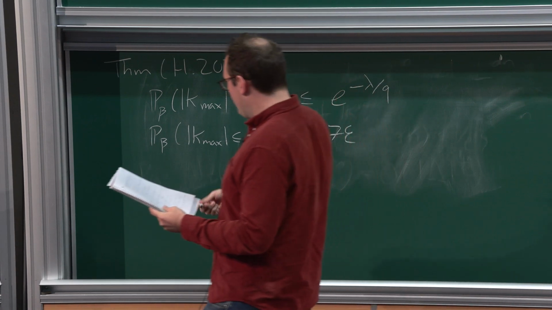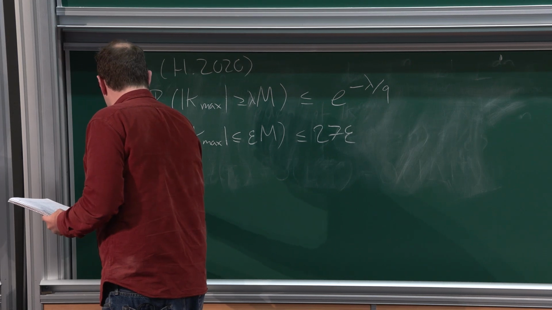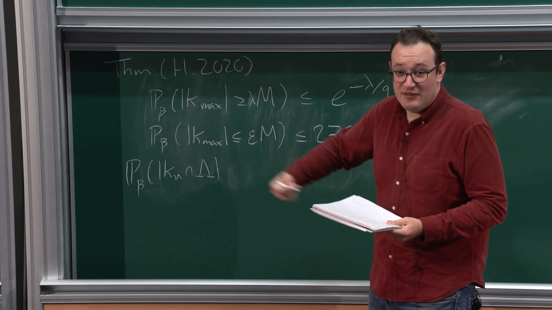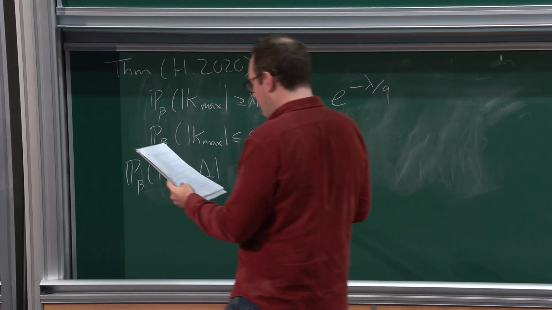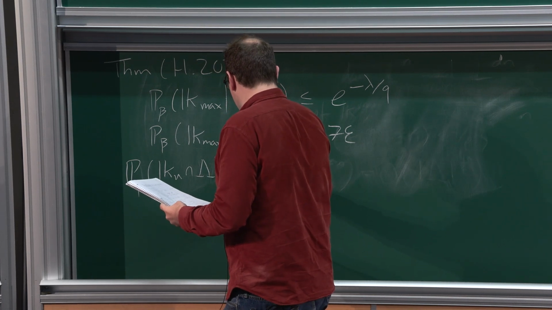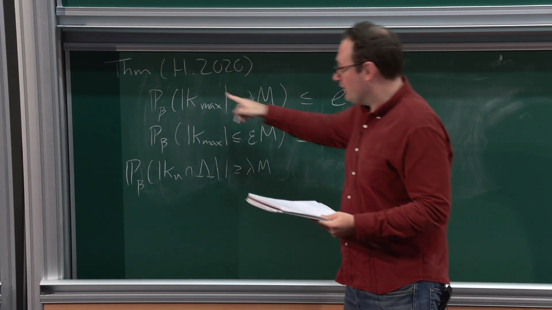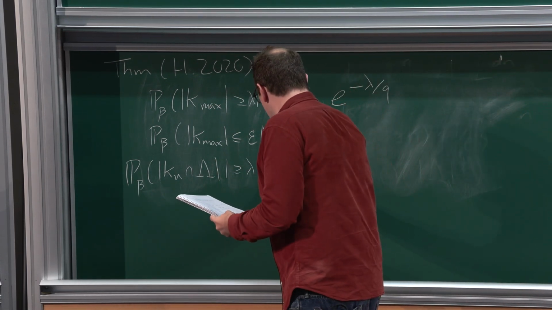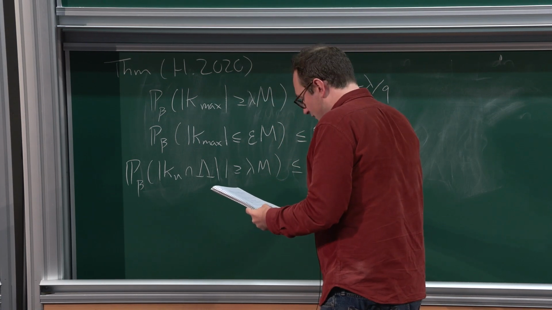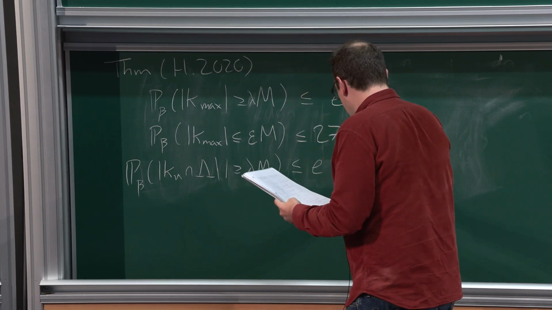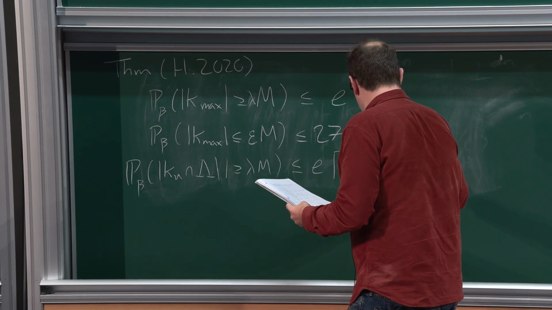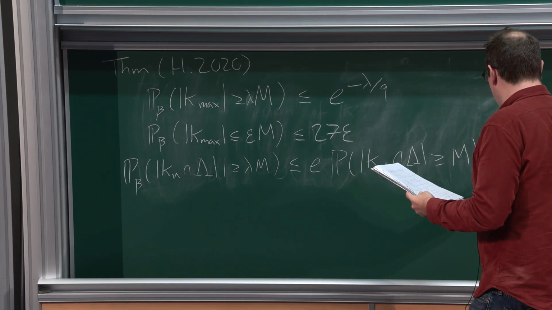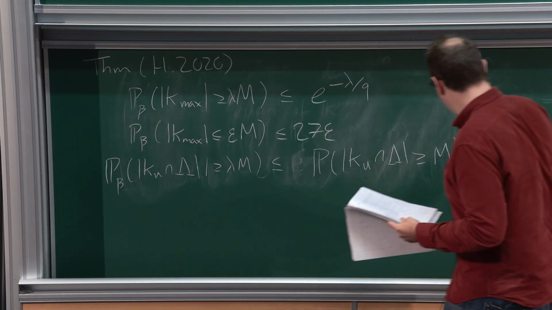And moreover, if you look at a specific vertex, and you ask how likely it is that that specific vertex is in a cluster with large intersection with lambda, where large is still measured with respect to m, which is still the median of the largest cluster, not of this intersection, then this is bounded by e times the probability that this intersection is larger than 1 times this threshold, times e to the minus lambda over 9. I guess maybe I'll just write it like this.